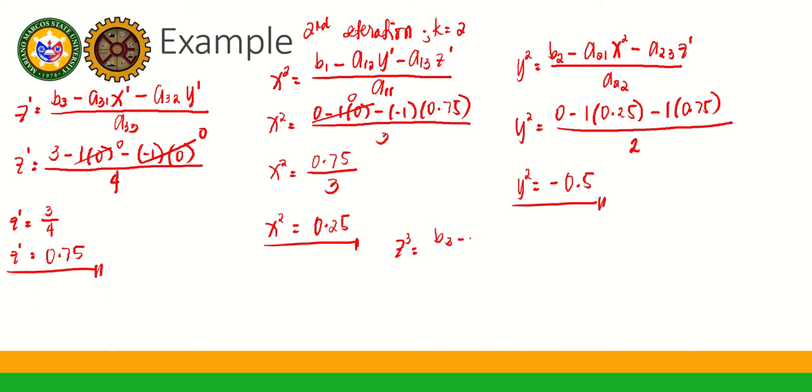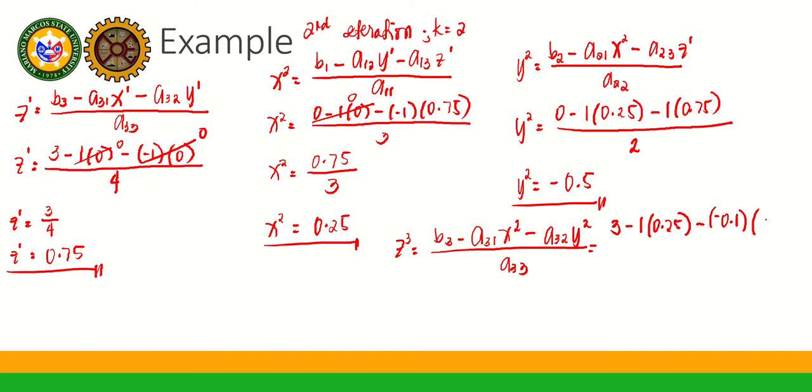So this is equal to b sub 3 minus a31 times x raised to 2, I should say, so x raised to k, and then minus a32 times y raised to 2, all over a33. So b sub 3 is equal to 3 minus a31, which is 1, multiplied by 0.25, minus a32, that is equal to negative 0.1, multiplied by our y squared, that is negative 0.5, all over a33, which is 4.